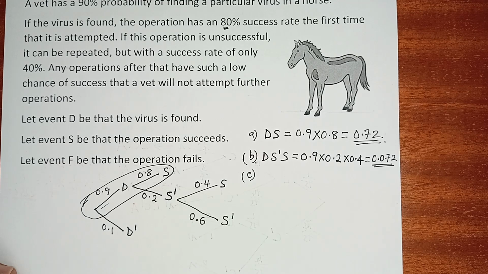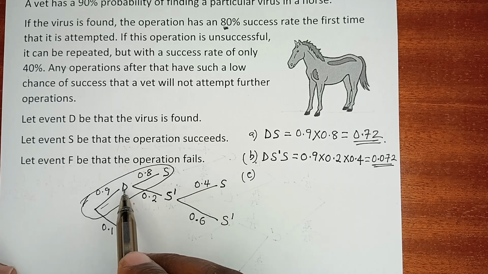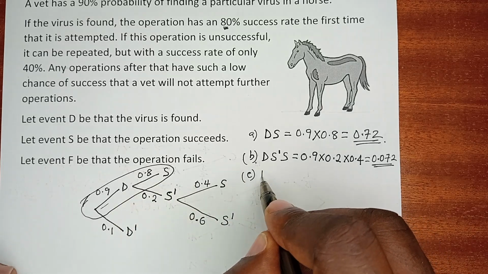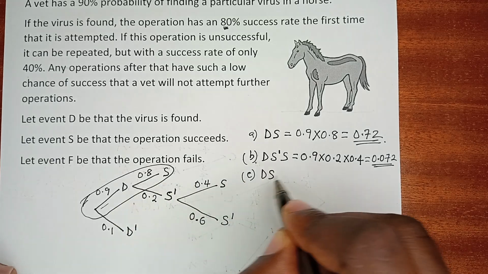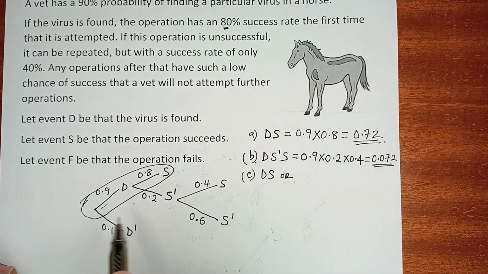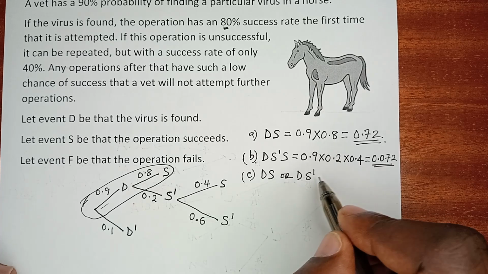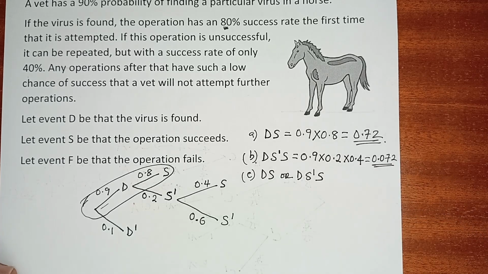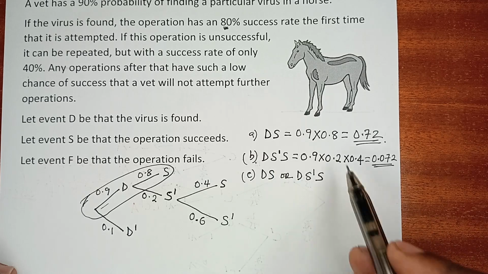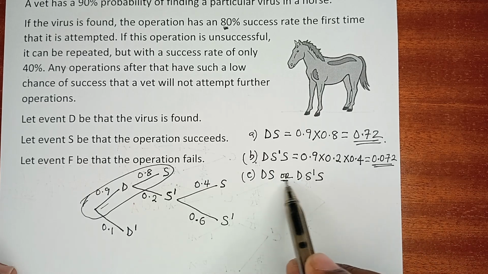It can be cured by the first operation, which has to follow this route: detection and success. Or we can follow this route of detection, failing the first time and succeeding the second time. In other words, we have this route which is DS and this route which is DS'S, and the word between them is or.